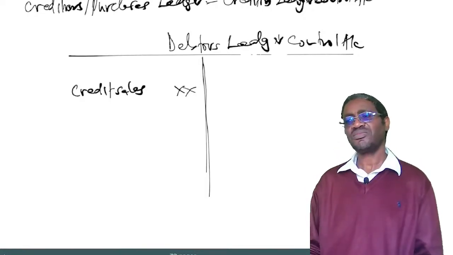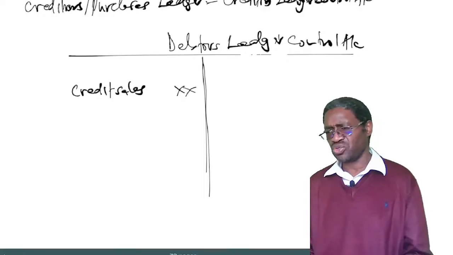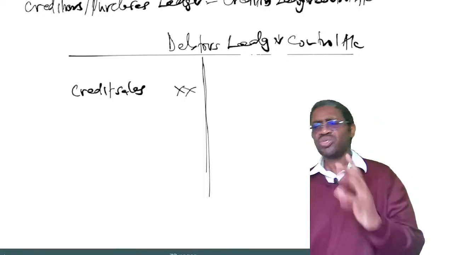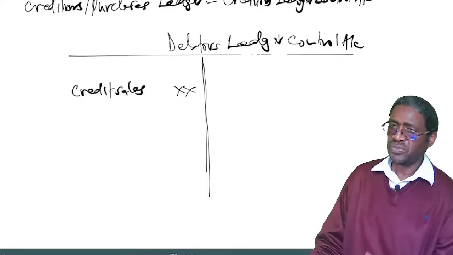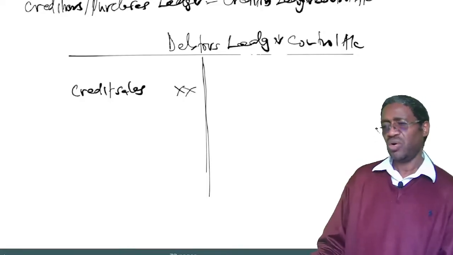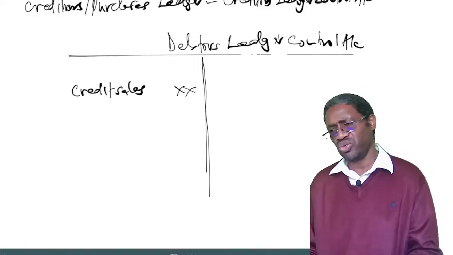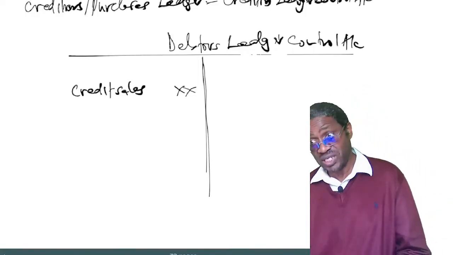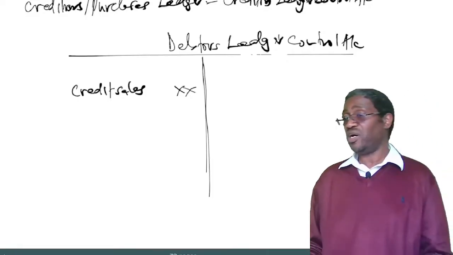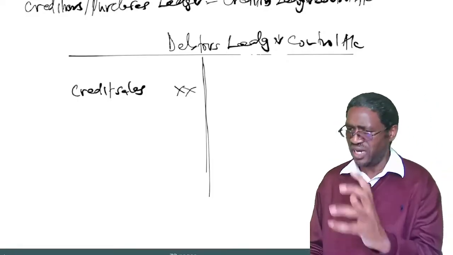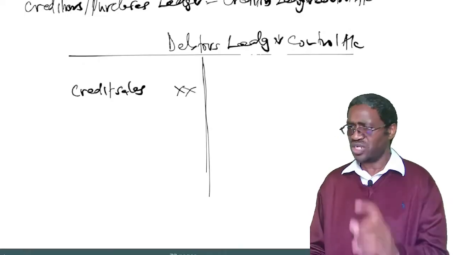Good. What other transactions do you know which normally go to the debtors account? Apart from the credit sales, up to now, what we have done so far in other topics, you can tell me what other transactions.